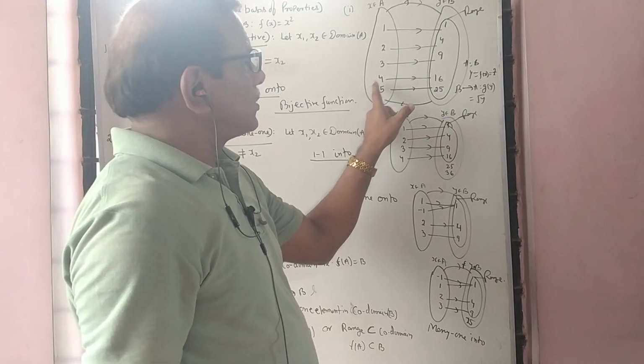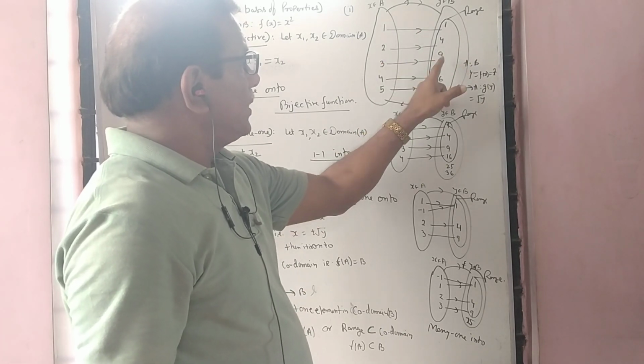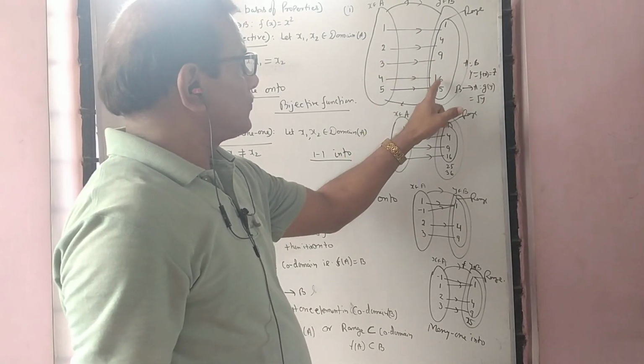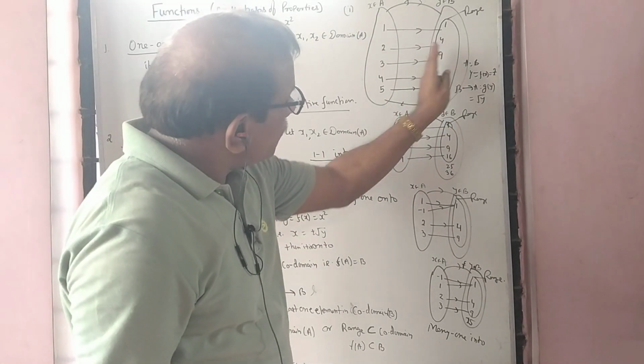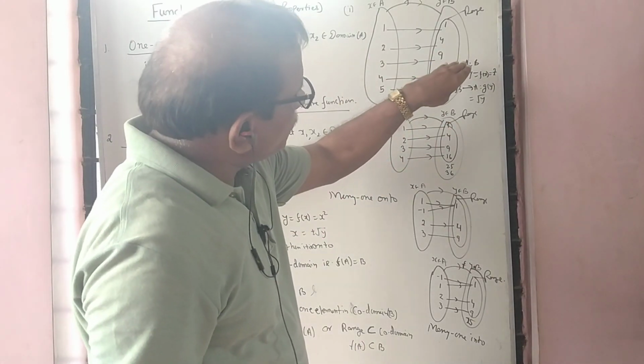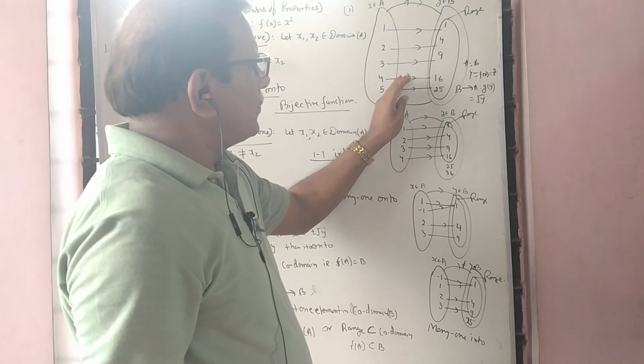Positive square roots are these. So square root of 1 is 1, root of 4 is 2, root of 9 is 3, root of 16 is 4, root of 25 is 5. So the rule has changed, but A to B you are getting and B to A also. That's why this function is an invertible function.